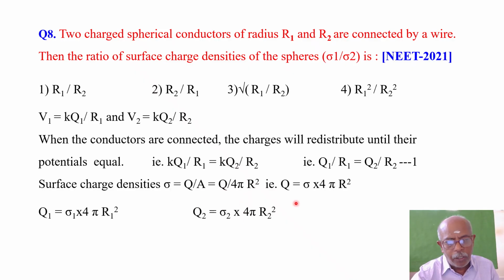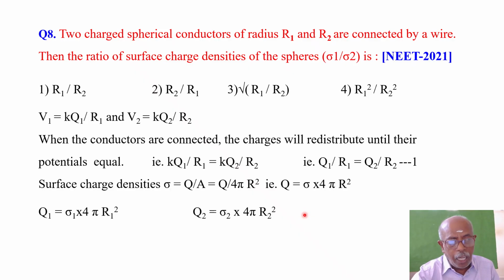So Q is equal to sigma into 4 pi r square. This is a general formula. Now the charge possessed by the first sphere is Q1, equal to its surface charge density sigma 1 into 4 pi R1 square. Similarly, Q2 is equal to sigma 2 into 4 pi R2 square.